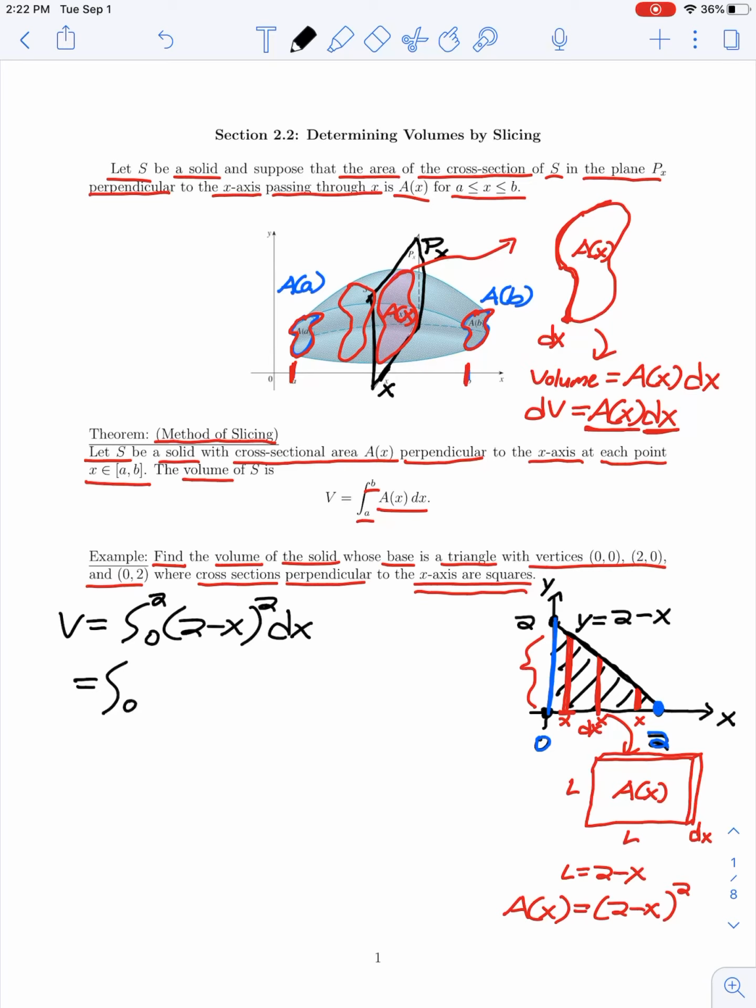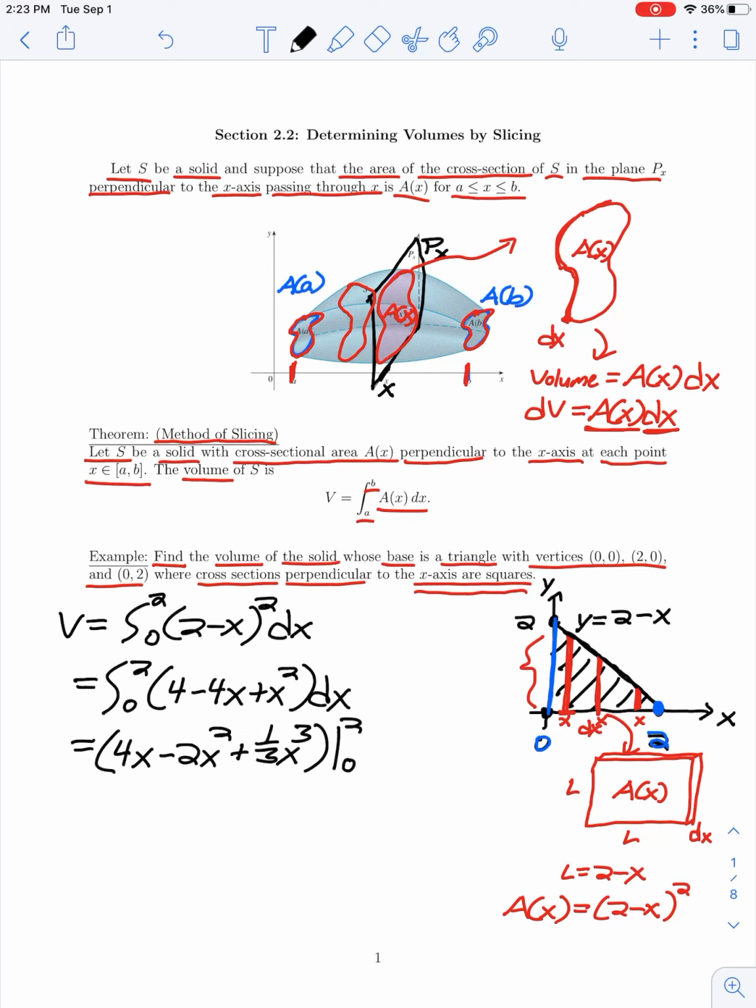My own preference here would be to expand, so that we have the integral of 4 minus 4x plus x squared dx. And then taking an antiderivative, we would have 4x minus 2x squared plus 1/3 x cubed, evaluated from 0 to 2.